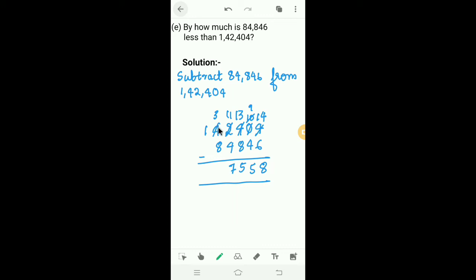Next, 3 minus 8, is it possible to subtract? No, it is not possible. So what we have to do? We have to borrow from 1. If you borrow from 1, then 1 becomes 0 and here 3 becomes 13. 13 minus 8 is 5. The answer is 57,558.